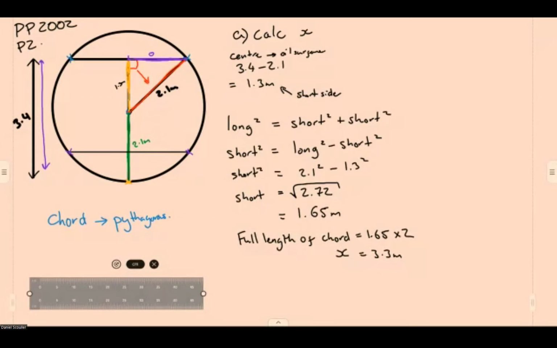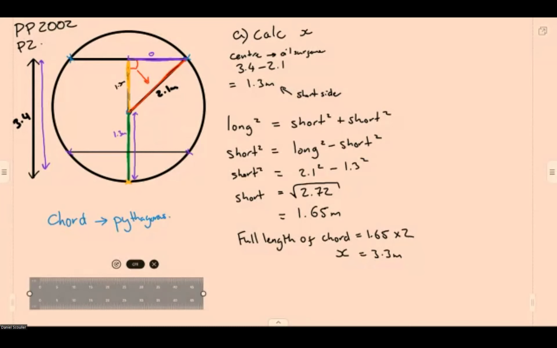Now, a couple of things I'm looking for you to understand is to grasp what that question is actually asking you, and then work out what the depth is going to be. Now that's going to happen exactly 1.3 meters away from the center of that circle. We know from the center of the circle all the way to the bottom is the radius.